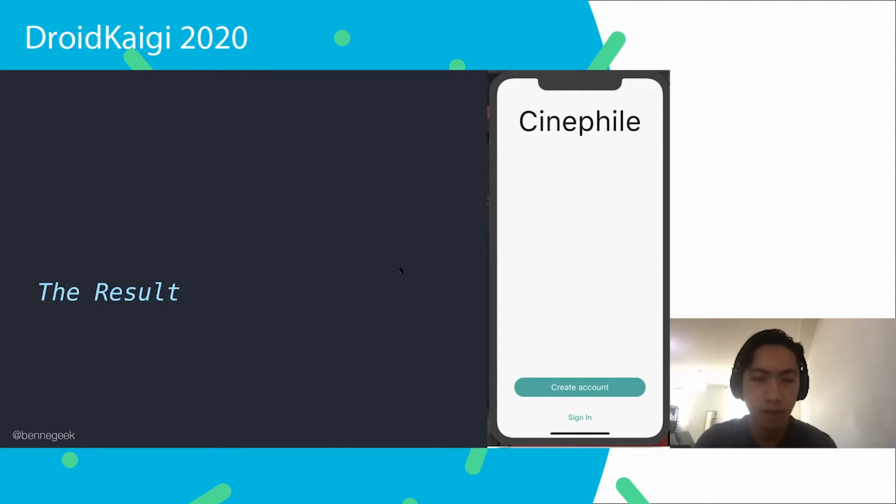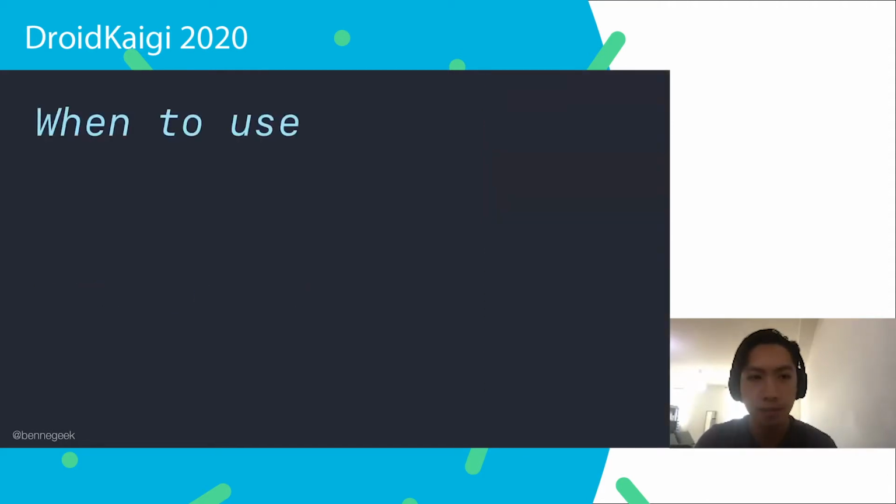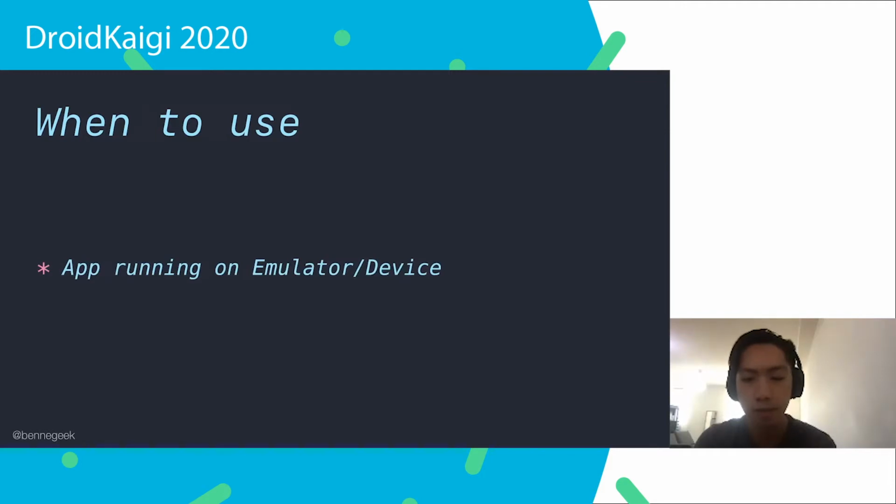So let's go back to adding the integration test. When should you use it? If you want to run the application that you made on an emulator or a device, you can use integration test, because the unit and widget testing for Flutter does not run them on the actual emulator, simulator, or device.